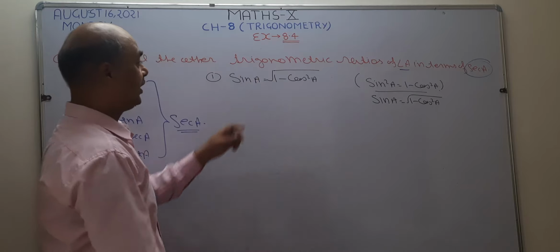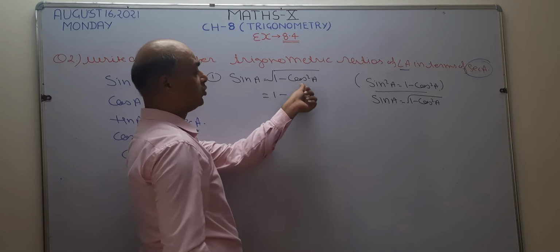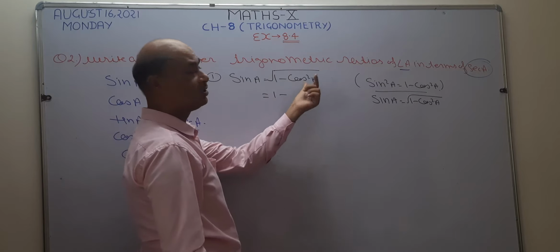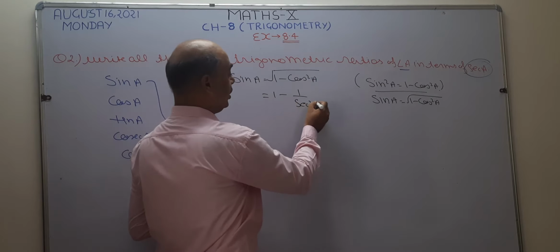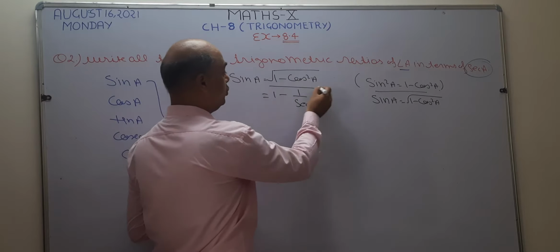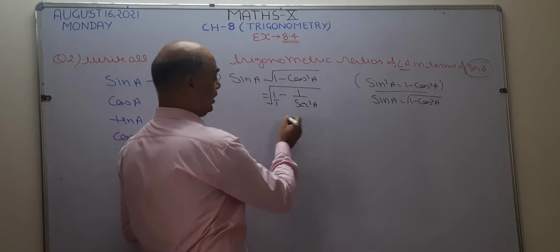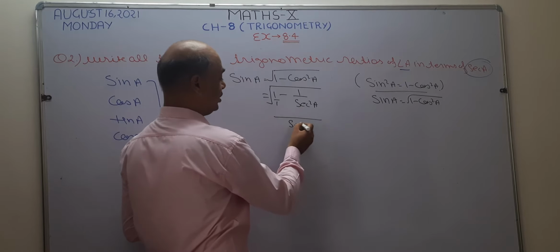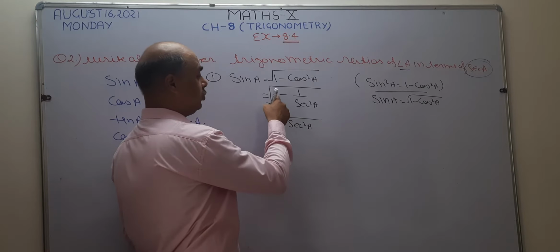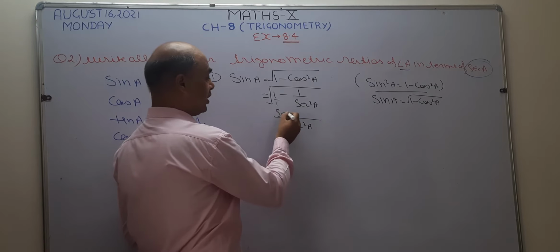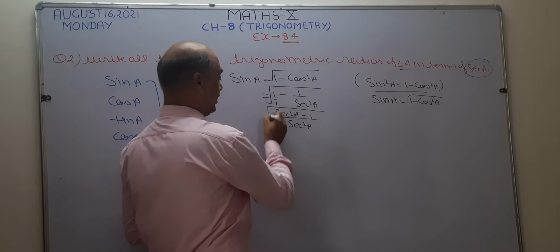After that, I am going to take the reciprocal. What is the reciprocal of cos A? The reciprocal of cos A is 1 by secant A. So write here 1 by secant square A because square is there. Now, what is the next step? Again, take the LCM. The LCM of secant square A and 1 is secant square A. 1 is there, so this number is going to multiply by the LCM, so this becomes secant square A. Write here 1 under the square root.